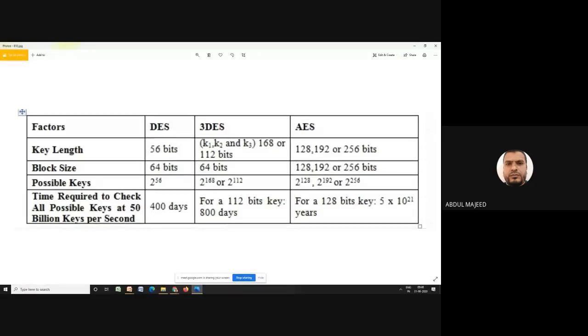But we want an algorithm whose key we cannot break, or it should take years of time, not days. 400 days means almost 1 year.